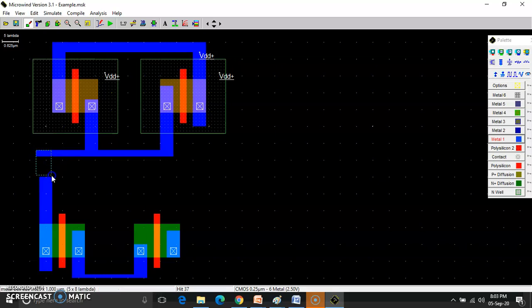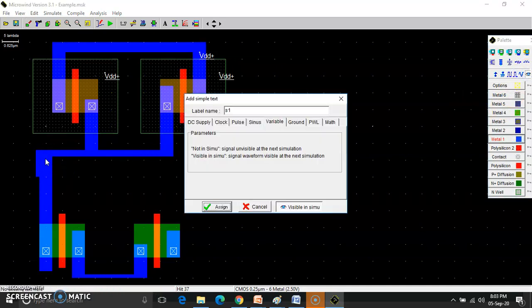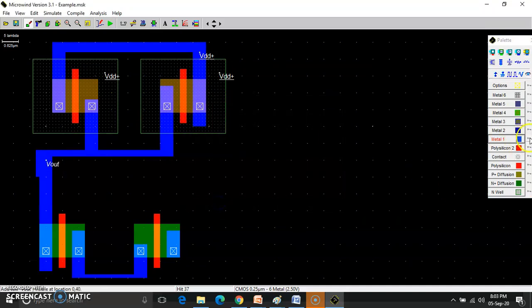So I have connected this with this, forming the output. I take this visible node and keep it over here, and I can mention it as V out. I am going fast over here, and this is my VSS because this is source, and drain is connected over here.